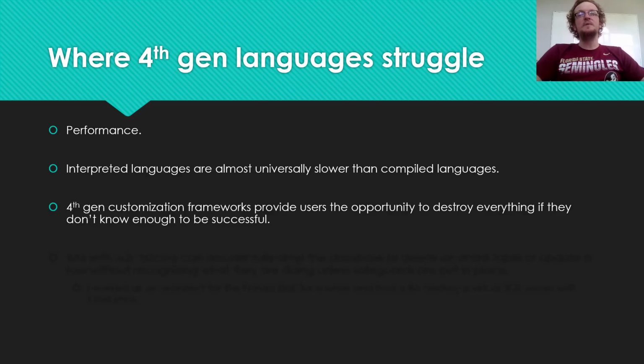So by opening up a customization framework with a fourth generation language that somebody can easily access like Python, you could give them the keys to the kingdom without really wanting to do that. And so when you implement these customization frameworks, it's a really good idea to make sure that you aren't giving carte blanche access to data that you otherwise wouldn't want people to have access to.